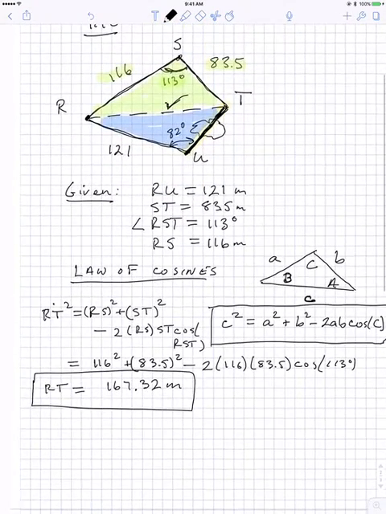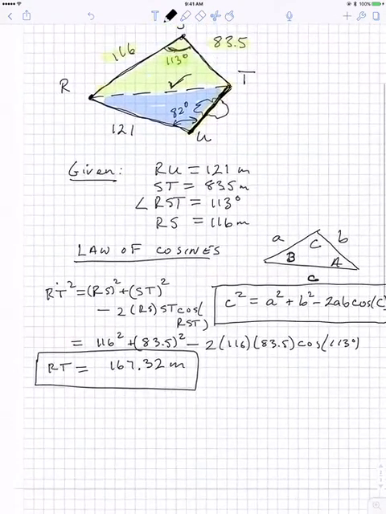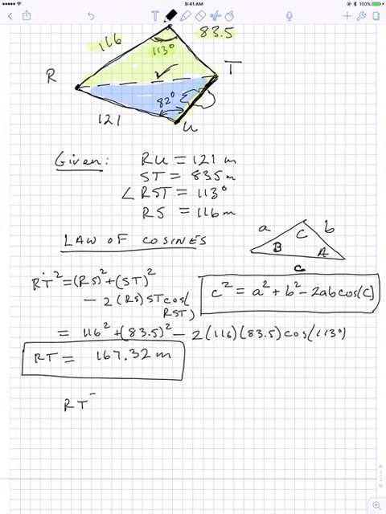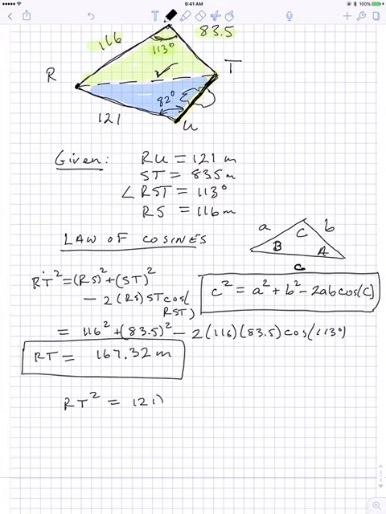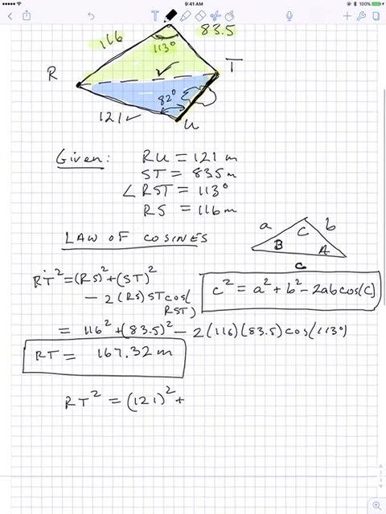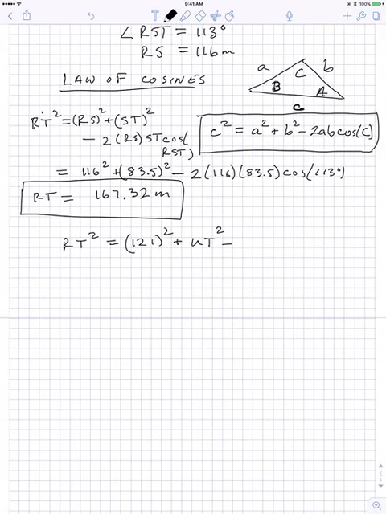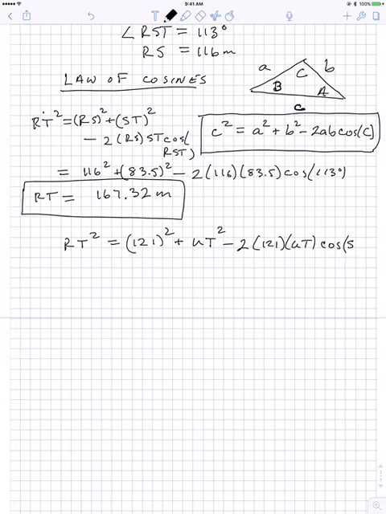Next I go to the blue triangle and I realize I have the long side. So I have RT squared. That's going to be equal to 121 squared, the side that I know, plus UT squared, the unknown side, minus 2 times 121 UT cosine of 82 degrees.